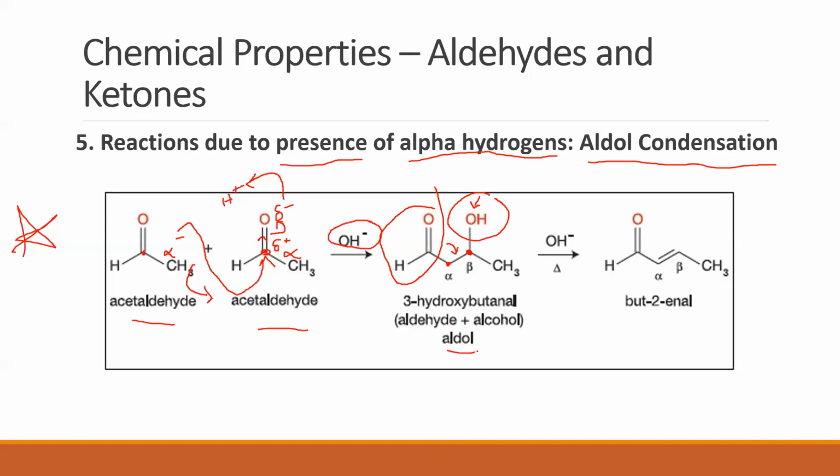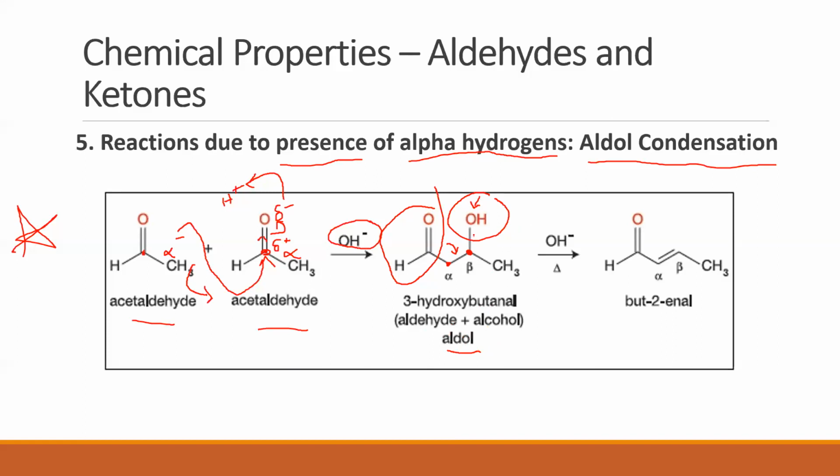I get an aldol. Hence the name of the reaction, aldol. Clear? Now the reaction says aldol condensation. Condensation means removal of water. So there will be removal of water.